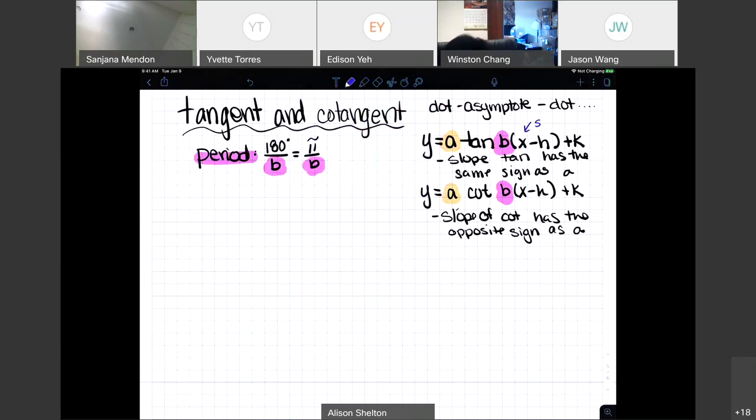So unless you have horizontal shifts, we have starting at 0, 0. And this one is an asymptote.